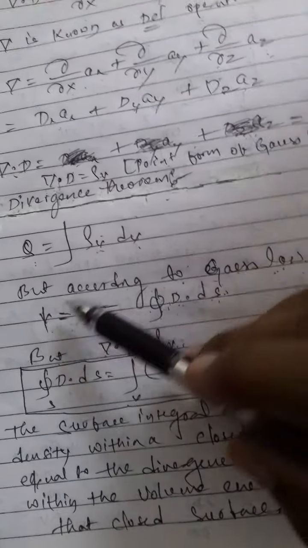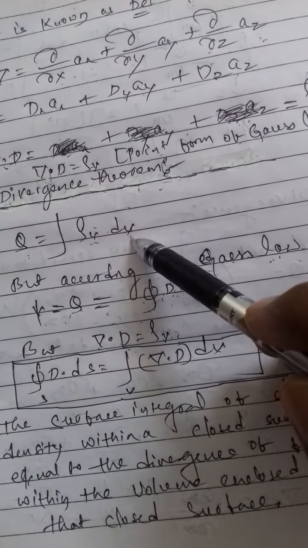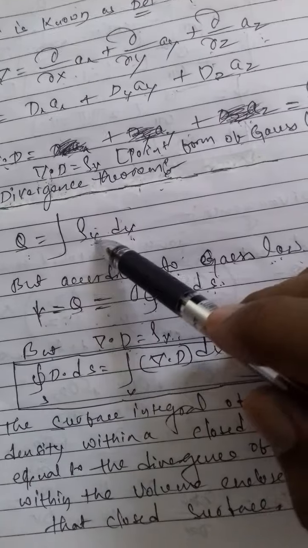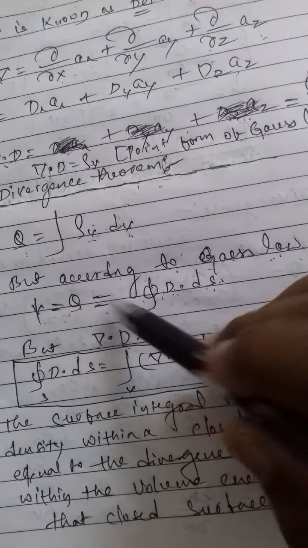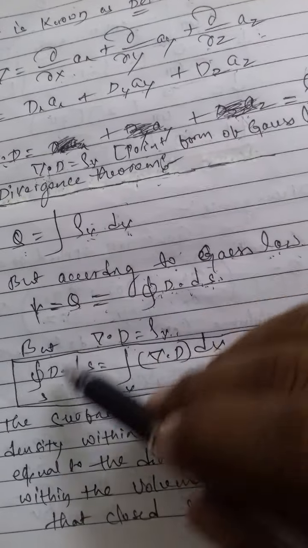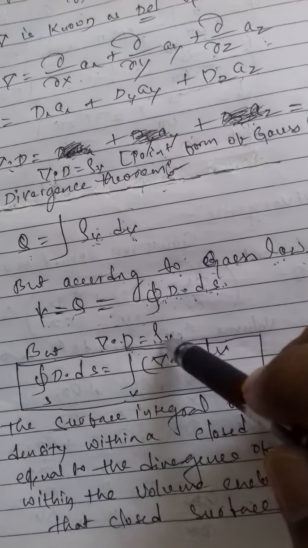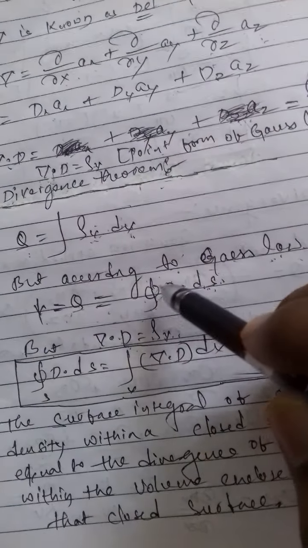So this equation also gives the charge enclosed within a volume, and this equation also gives the charge enclosed within a volume. If we compare, del dot D is equal to rho v, that is the volume charge density.